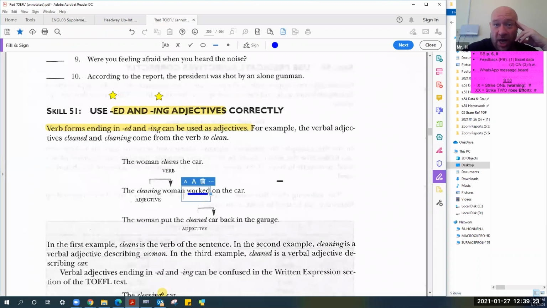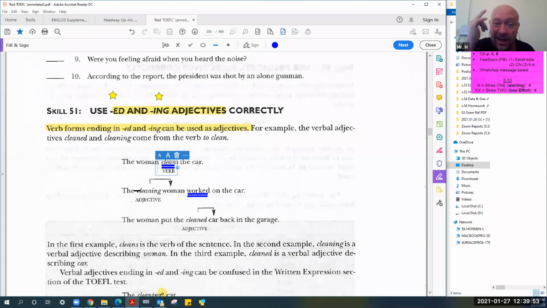I'm going to put 2 lines for the verb, okay? Up here, the verb is clean with an S. But here, cleaning, it is not a verb. You understand? In this example, it's an adjective.